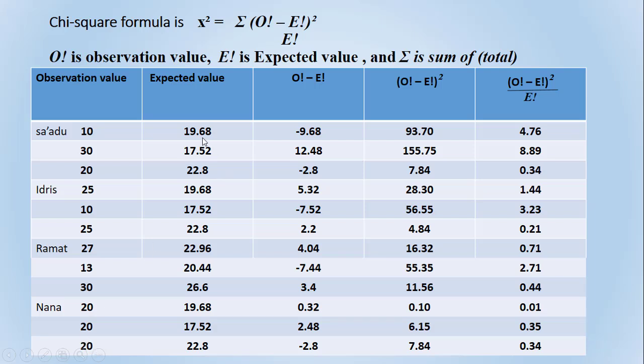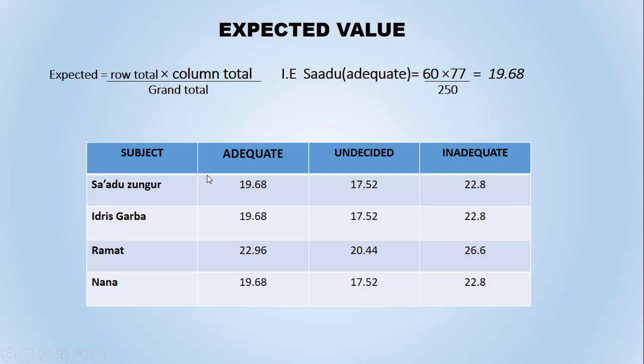So also the expected value of each one. The adequate expected value of Saudi Zungu is 19.68. The undecided value is 17.52, just like we solved in the last video. Then the inadequate value is 22.28. Let me go back to it. See it here. The adequate value is 19.68, undecided is 17.52, then inadequate is 22.28.